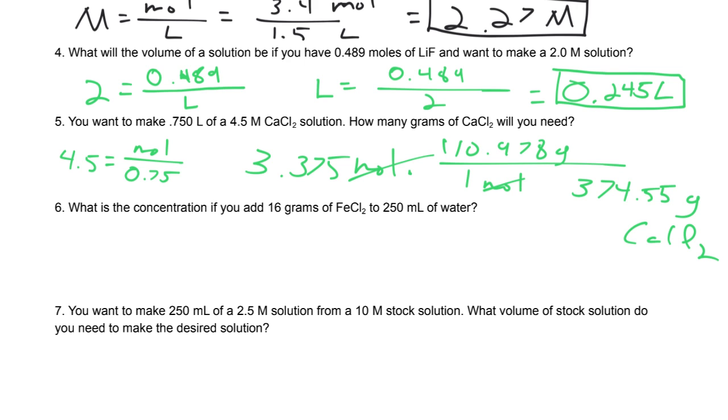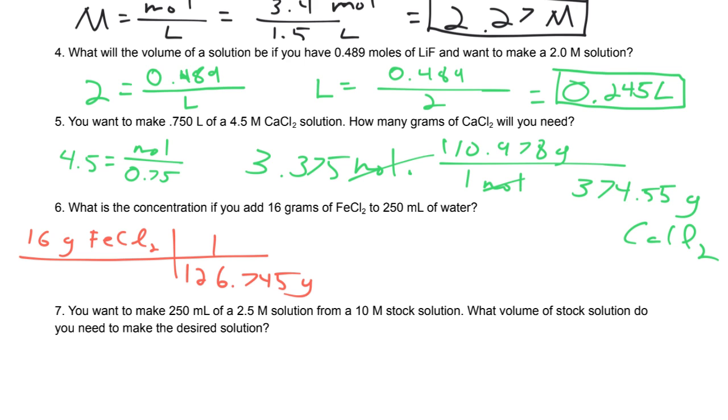All right, another one kind of like that. We got to do moles over liters, but we first have to convert grams to moles. So 16 grams of iron chloride, it's going to be how many moles? So add up the iron, the chlorine, I get 126.745 grams per 1 mole.